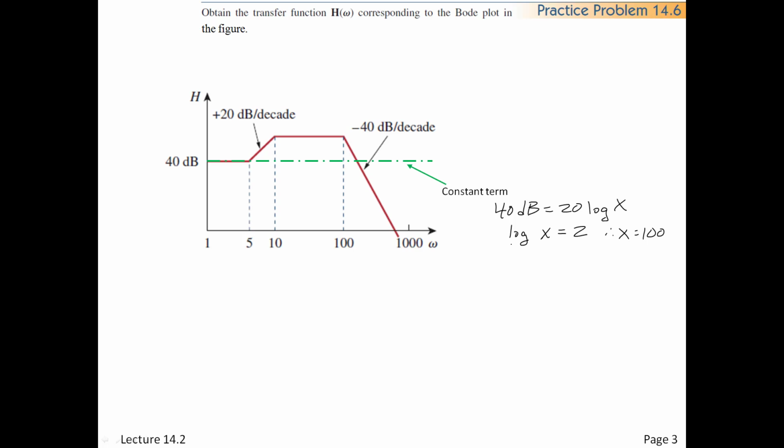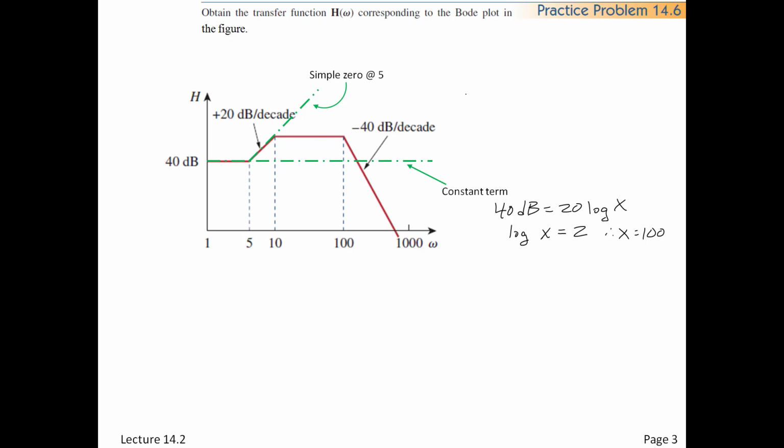When we go for our function, that's going to be the magnitude function. The next thing that happens is it's going to break positive, right? So this means there's a simple zero at omega equals 5. That means in the numerator there's going to be some term.